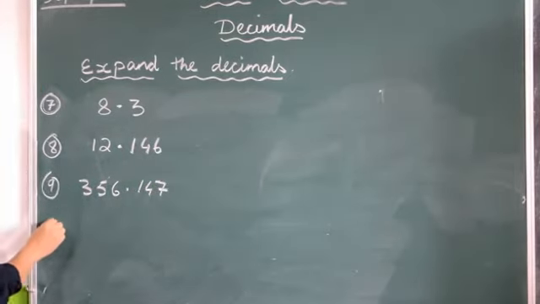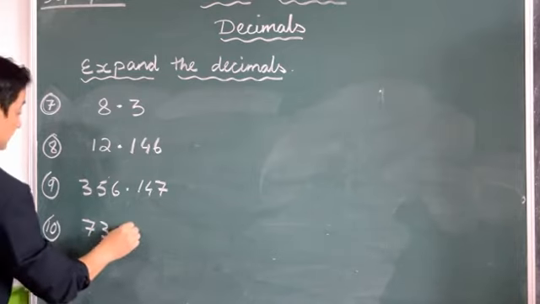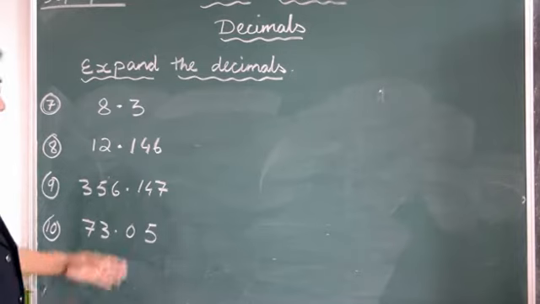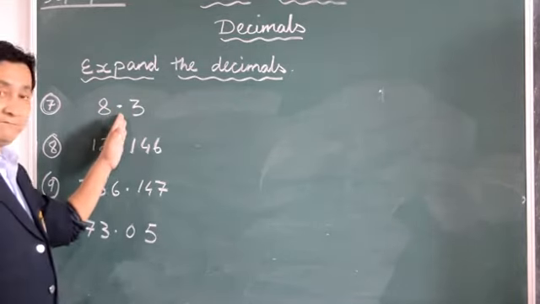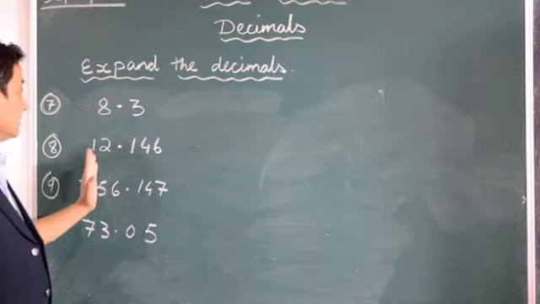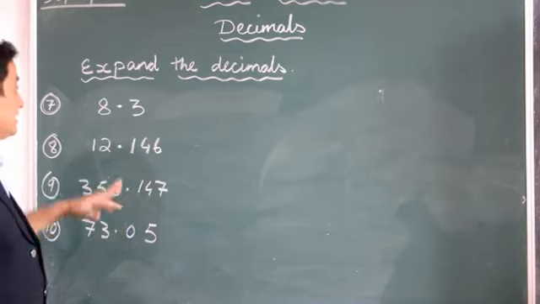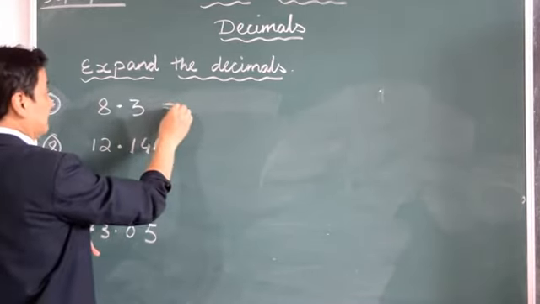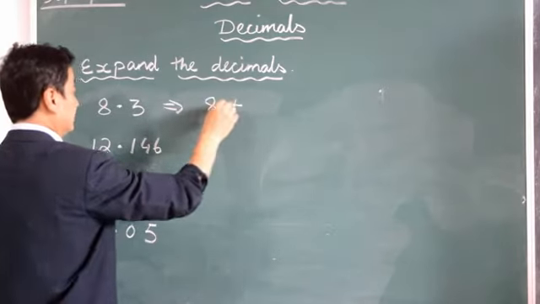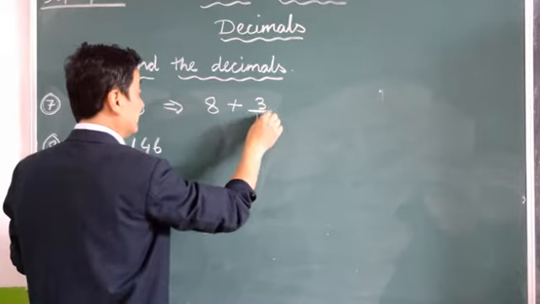And number 10, last one, 73.05. So I hope you have understood that the numbers that come before the decimal point are the whole numbers, and the numbers that come after the decimal point are the fractions.